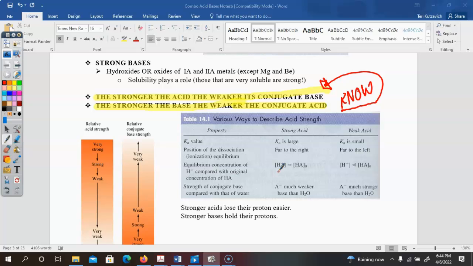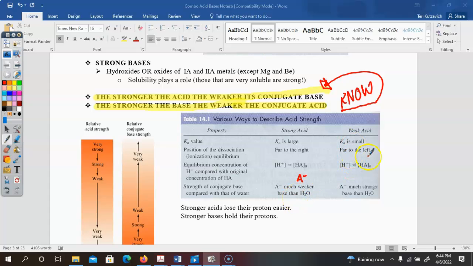Well, it's going to be equal to whatever the strength of your acid was. Why? Because it ionizes 100%. If you're comparing HA, what is the conjugate base of this HA? It would be A negative. Your A negative is much weaker than your H2O. Strong acids have weak conjugate bases.